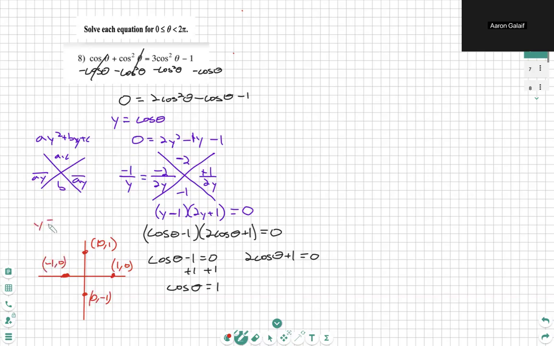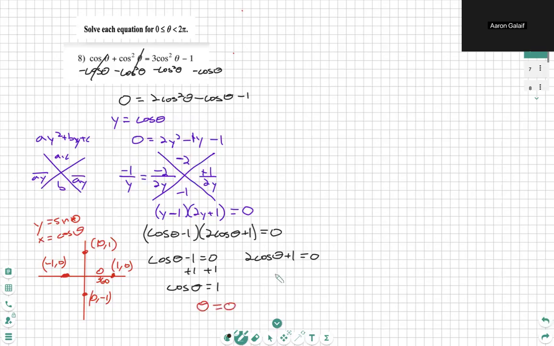We know that y is equal to the sine of theta, and x is equal to the cosine of theta. So we're looking for when cosine of theta is equal to 1, which we know is at 0 degrees or 360. Looking at our domain, we are allowed to be equal to 0, but not equal to 360. So cosine of theta is equal to 1 when theta is equal to 0.